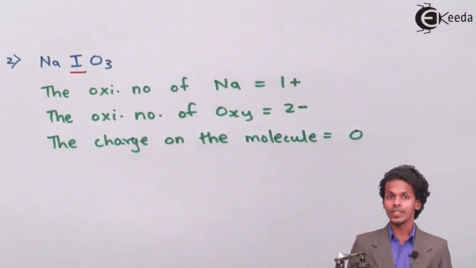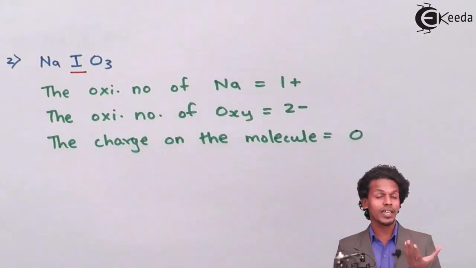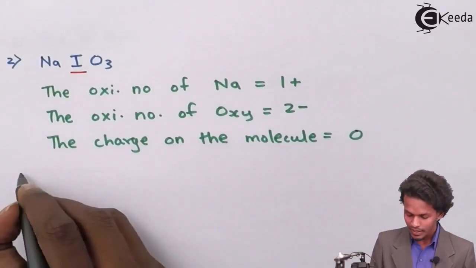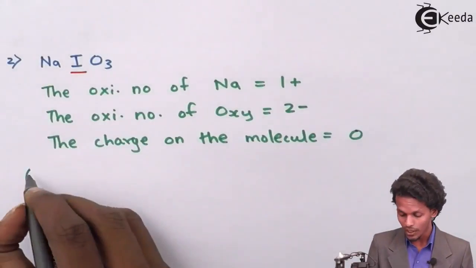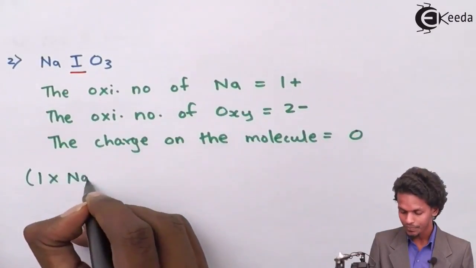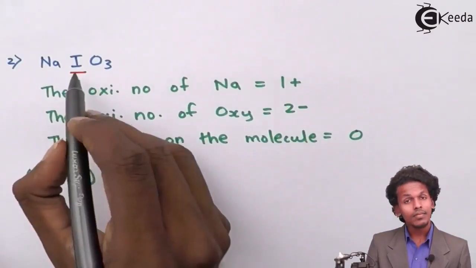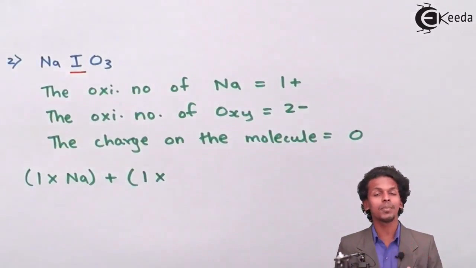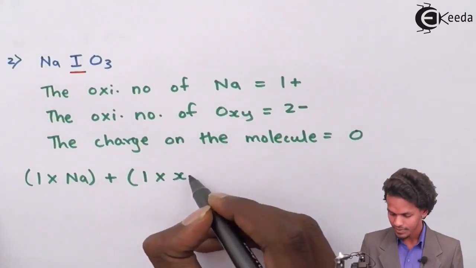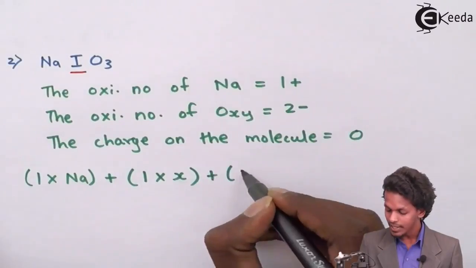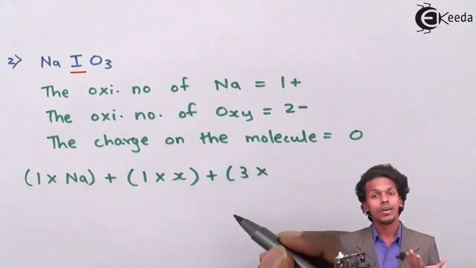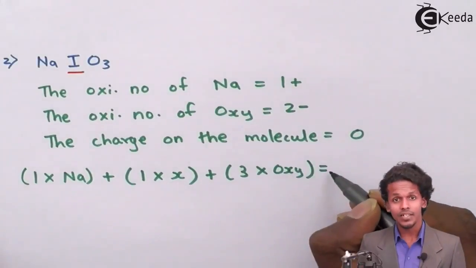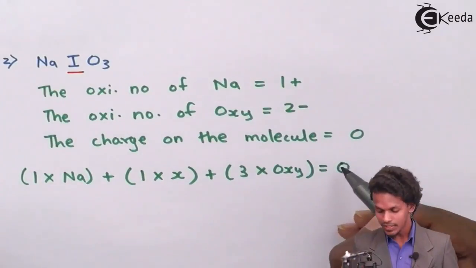So now we have to determine what would be the oxidation number of iodine in this case. So how can we write it? We could write that sodium is present only one time, so I'll write 1 times Na, plus iodine is also present 1 time, but in this case I would represent the oxidation number of iodine as X, plus there are 3 oxygen atoms, which have a charge of 2 minus.